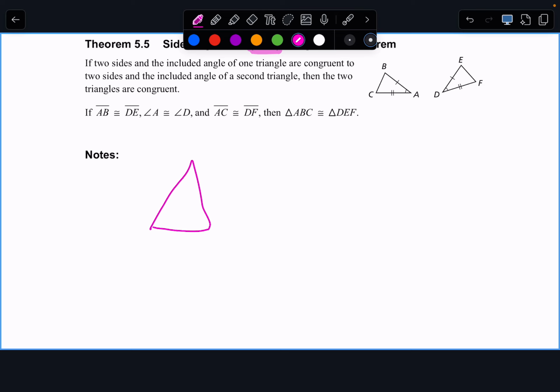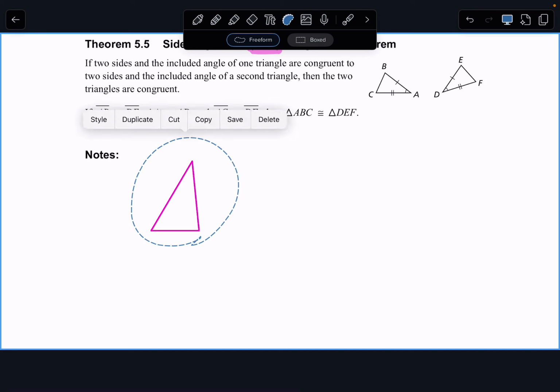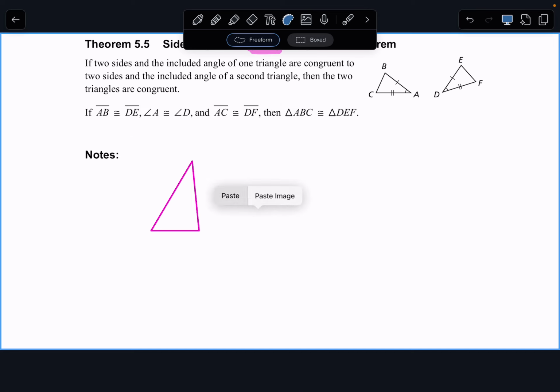This is not the only picture we're drawing, so don't make it big. Okay, I have 2 triangles. What I'm going to do is mark 2 pairs of sides that are congruent. Okay? Now, when I say side, angle, side, where is the angle in relation to the 2 sides?